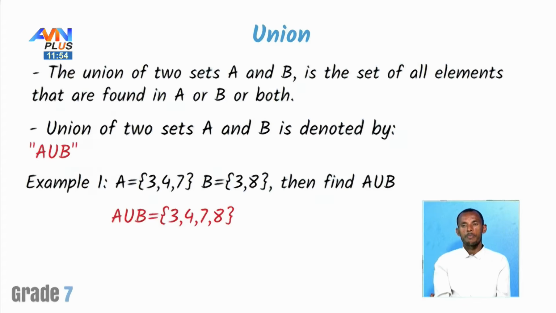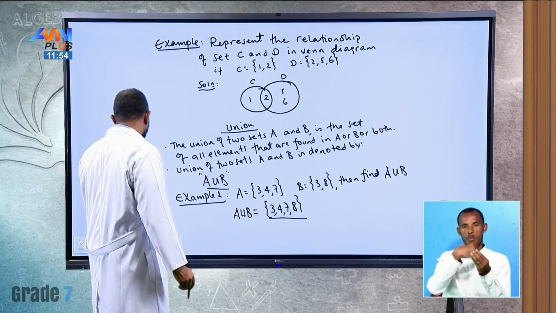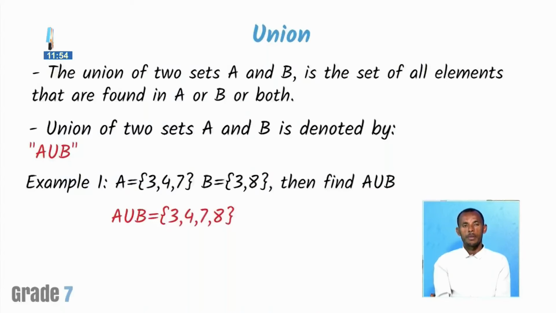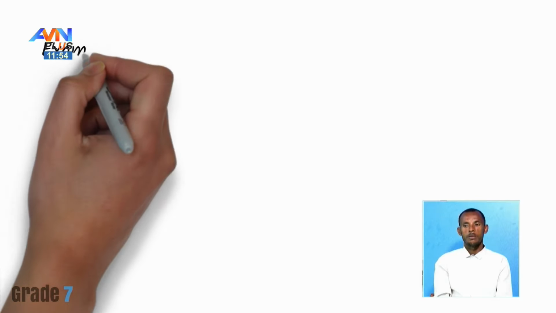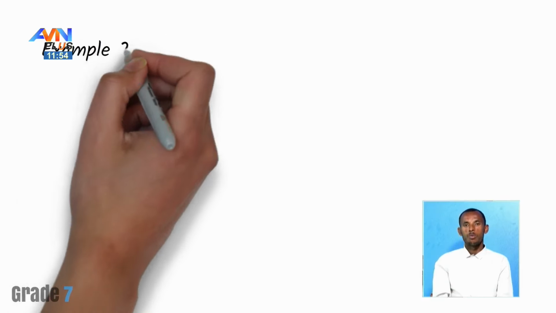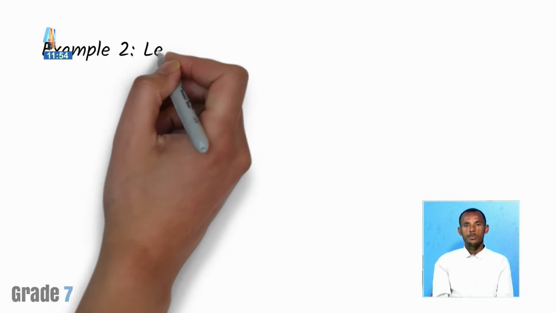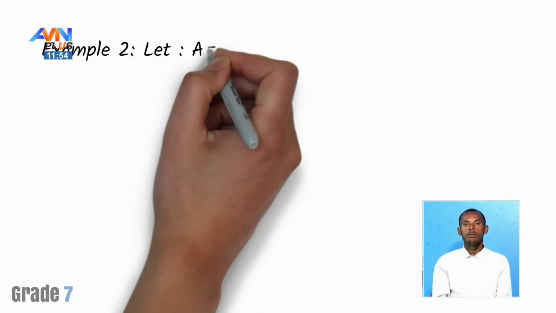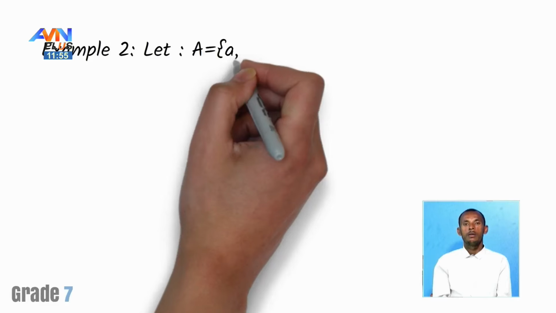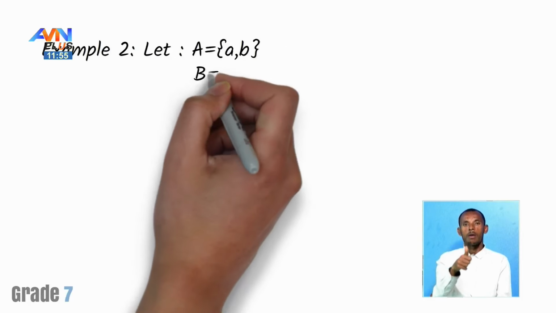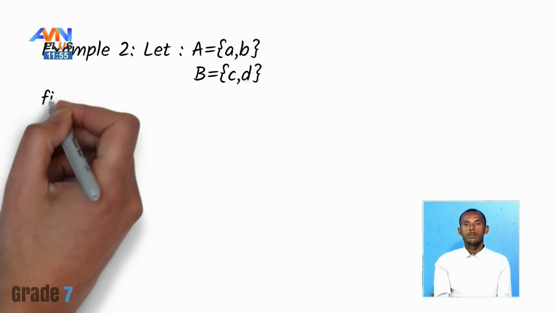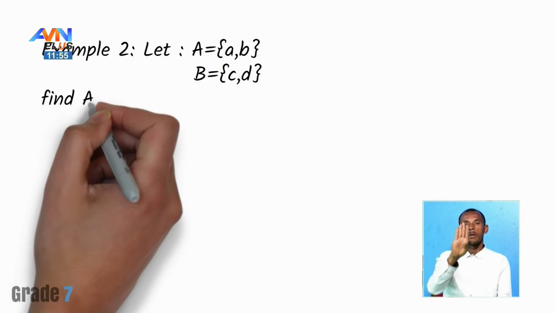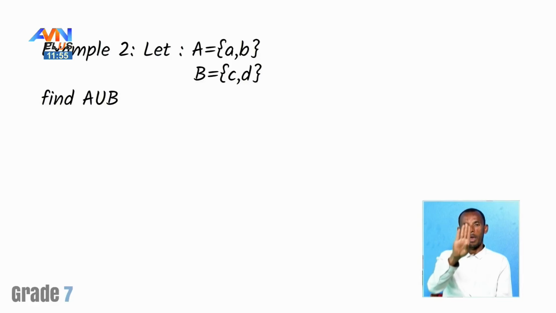Now, let me add one more example. Example 2. Let set A contain the elements a, b, and set B contain the elements c and d.